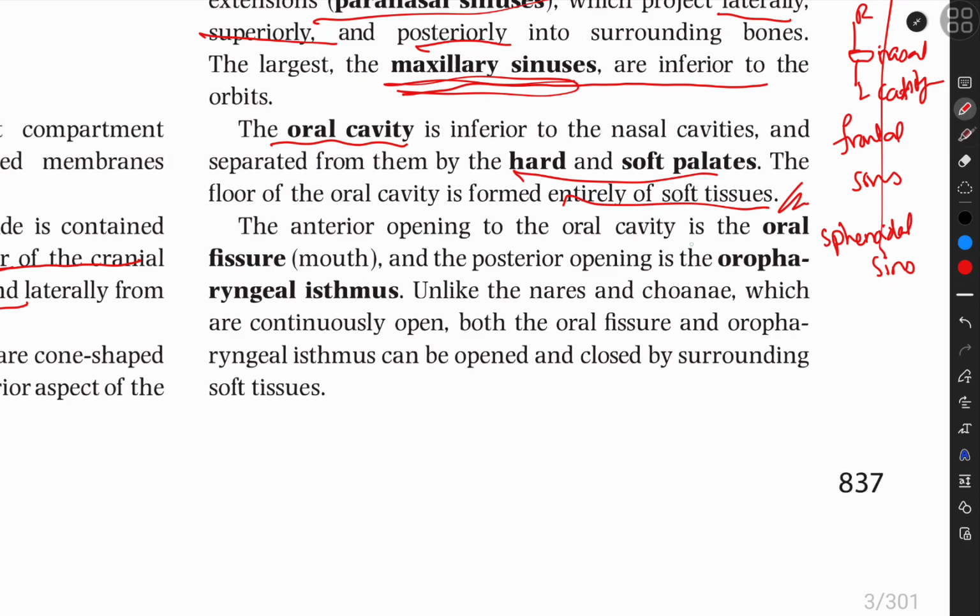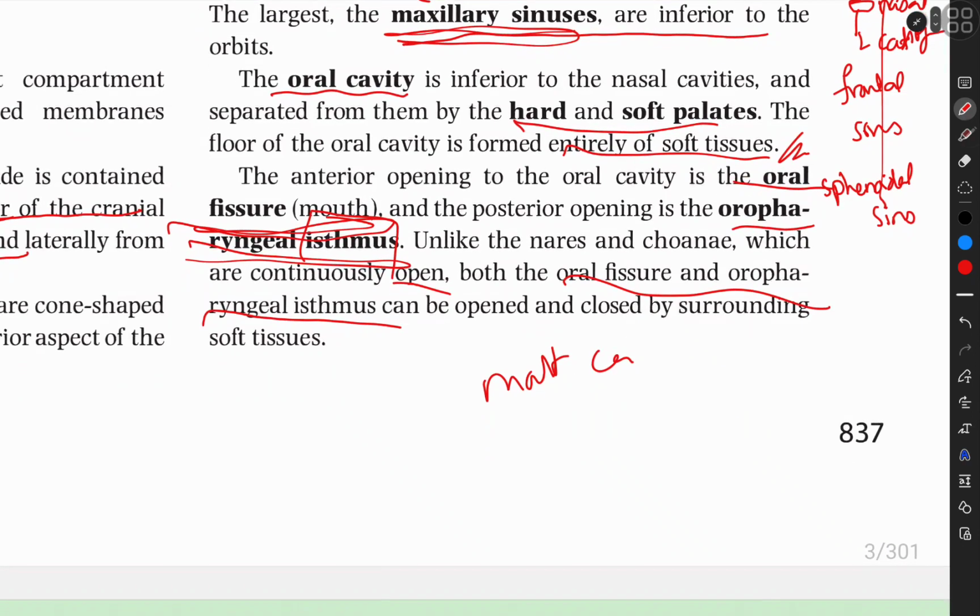The mouth is the oral fissure, and the posterior opening is the oropharyngeal isthmus. I think isthmus is mostly opening. Unlike the nares and choanae, which are continuously open, both the oral fissure and the oropharyngeal isthmus can be open and closed. Yeah, the mouth can be closed, and also the oropharyngeal isthmus, which is at the back, can be closed by the epiglottis.